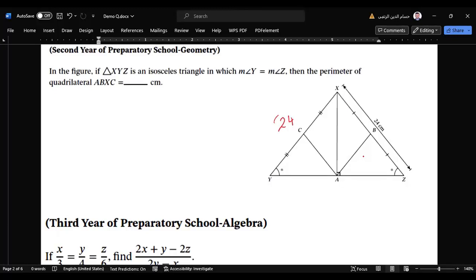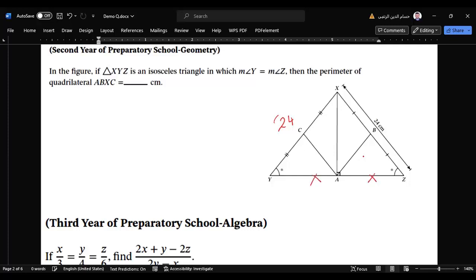And C midpoint and P midpoint. Since this triangle is isosceles, then AX is perpendicular to the base. So it bisects the base, so this one equals this one.